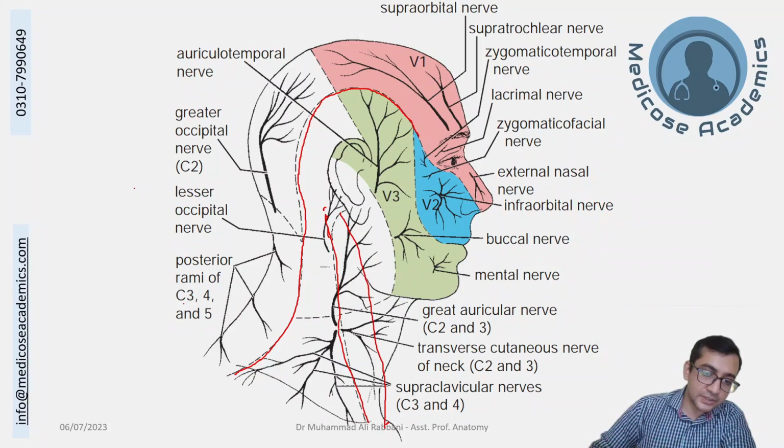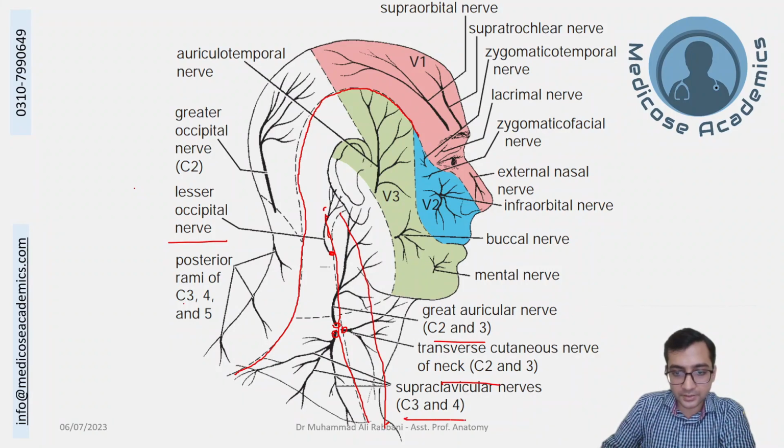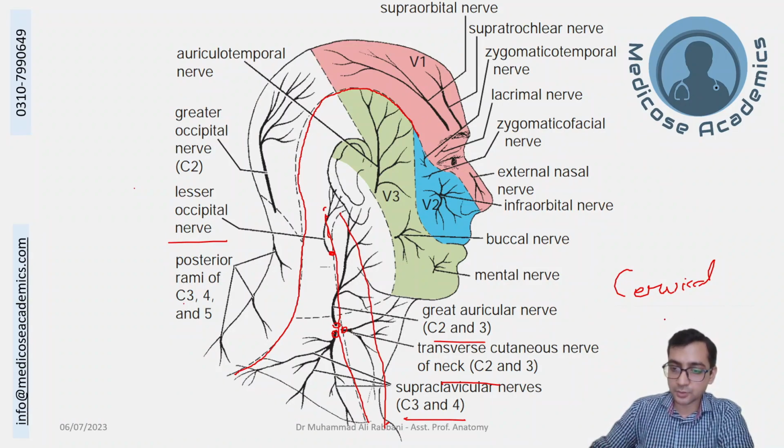See, so all of these nerves, the 1, 2, 3, are emerging from the posterior margin of the sternocleidomastoid at the same point, and this one is also emerging from the posterior margin of the sternocleidomastoid. So all 4 nerves that I am going to discuss, this one, this one, this one, and this one, are all branches of the cervical plexus. We will discuss this in the last 2 lectures with the nerves. This is the cervical plexus.